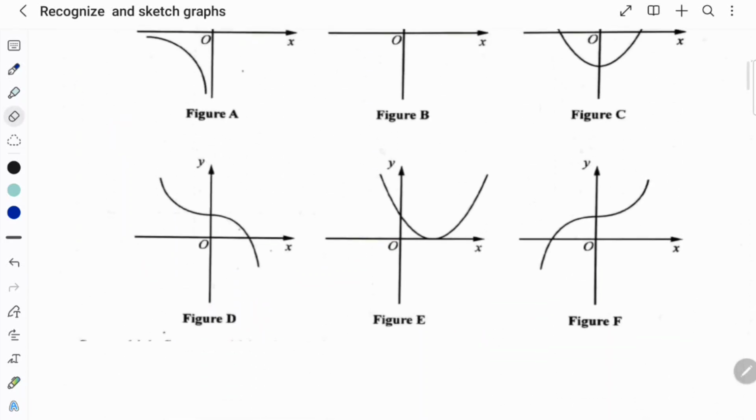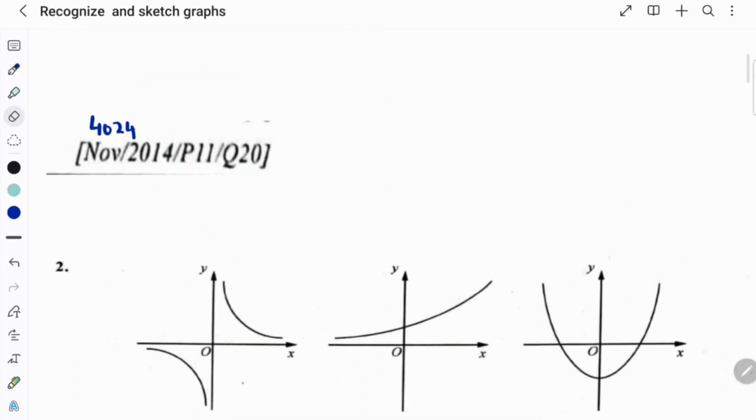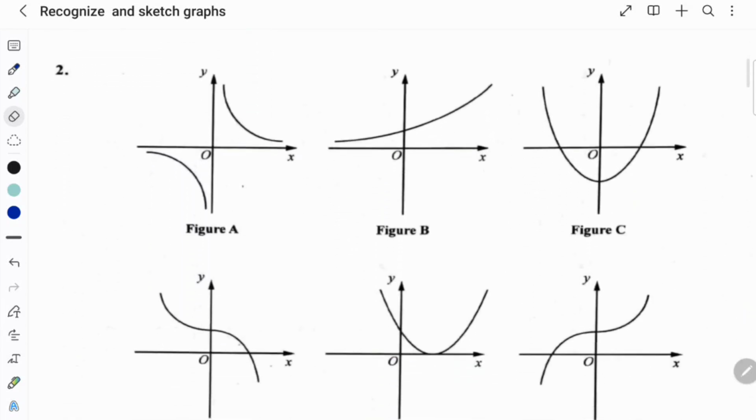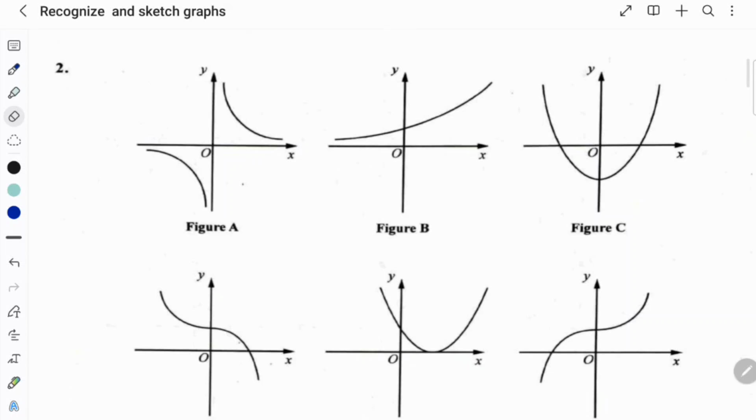All right, let's do some questions. So this is 402 for November 2014, paper 1-1, question number 20. In this question you can see lots of graphs, 6 graphs are there, and you can easily recognize them. Remember, this one is a reciprocal function, like y is equals to a upon x. This is exponential, like y is equals to a to the power x.